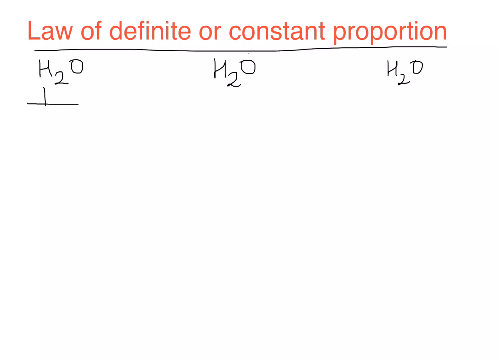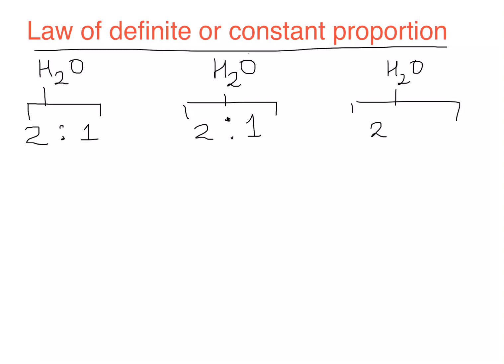Now find out the ratio of hydrogen to oxygen in each of the 3 cases. You will find that every time, irrespective of the source, the ratio of hydrogen to oxygen in each of the samples of water would be 2:1. In other words, water is made up of 2 parts of hydrogen and 1 part of oxygen.